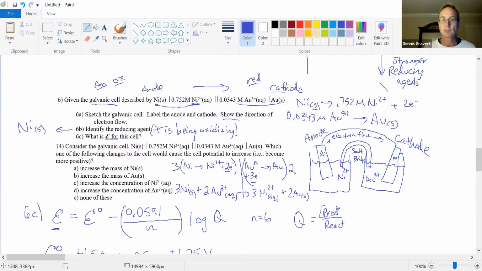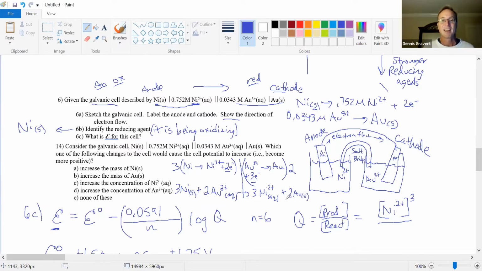Cool. Oh, I should put brackets around these, to remind myself it's concentration. Okay, so our products are nickel 2 plus, bracket, and that 3, yes, that's our exponent. That's really why we had to balance the equation. So we calculate the Q. This is a solid, so it doesn't show up in the equilibrium constant.